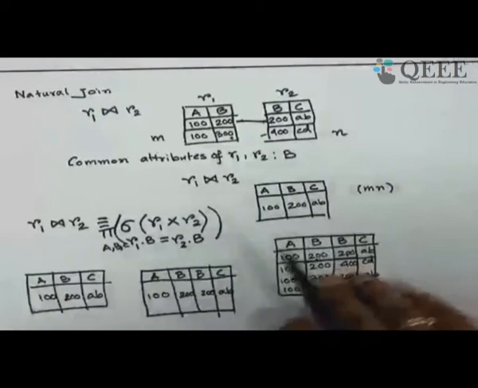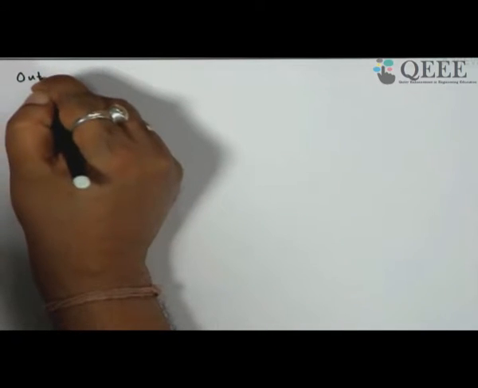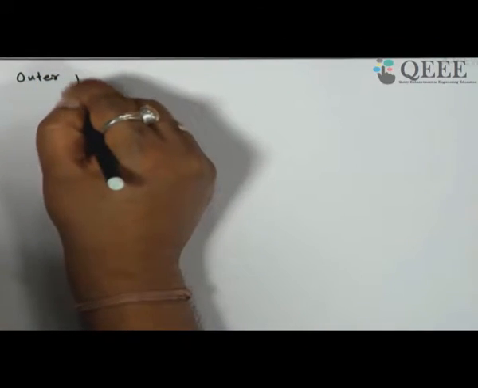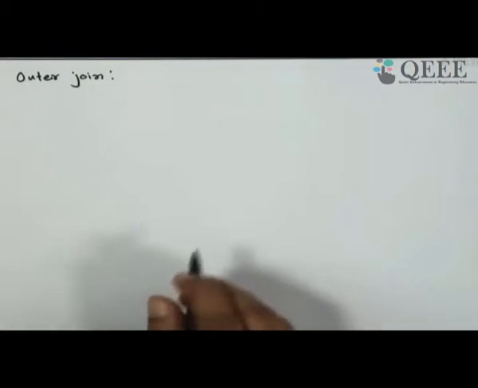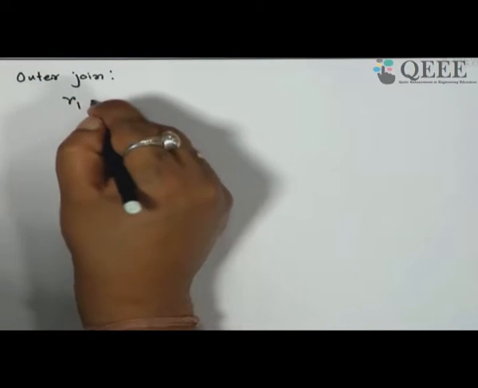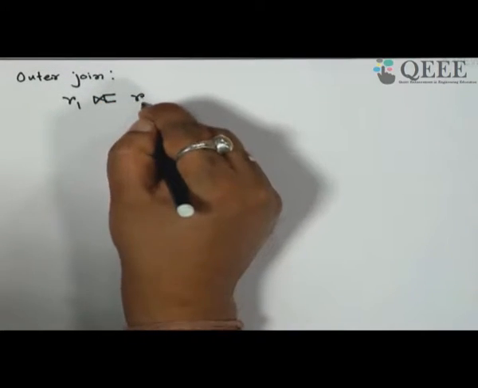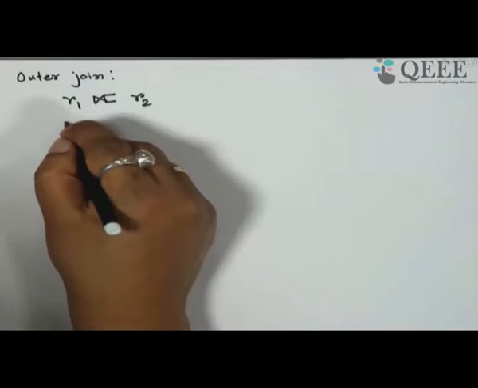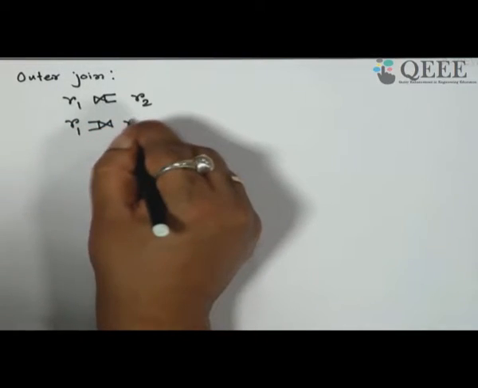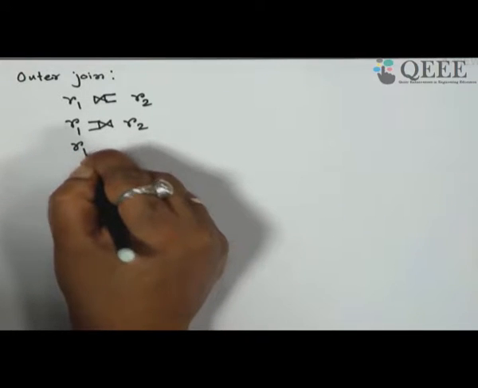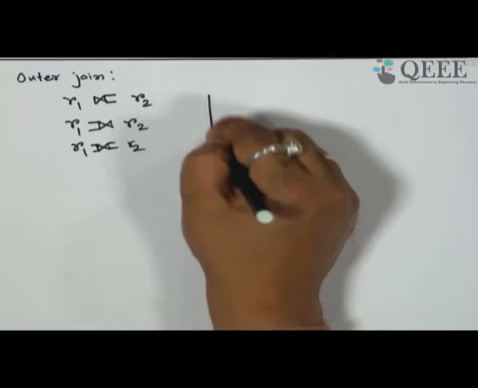There is an extension to natural join, outer joins. Okay, denoted by this symbol. This is the left outer join. This is the right outer join, and this is the full outer join. What you do in outer join is the following.